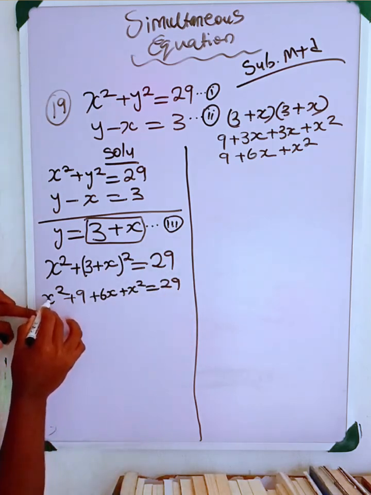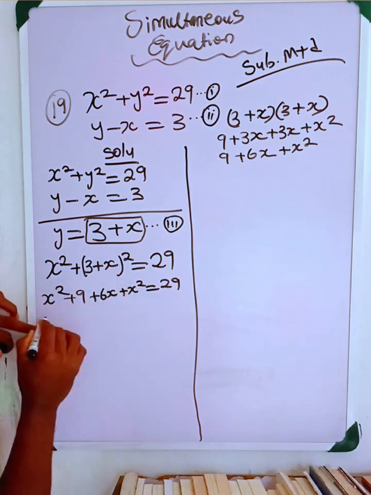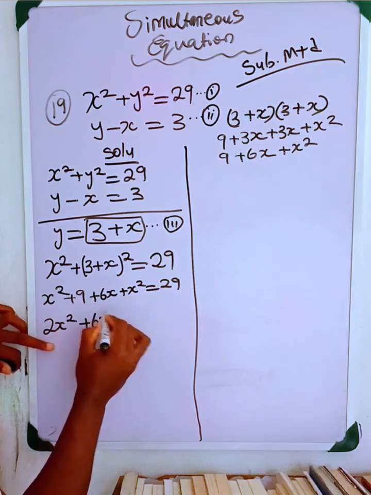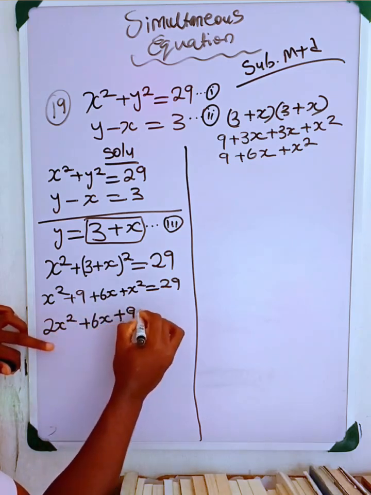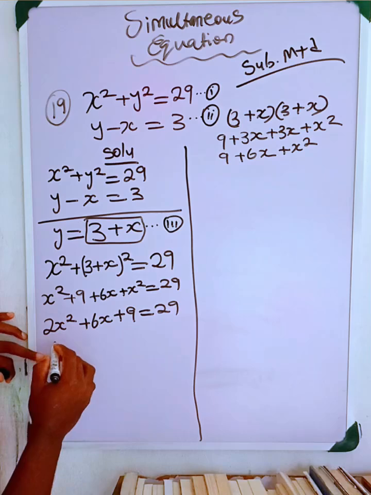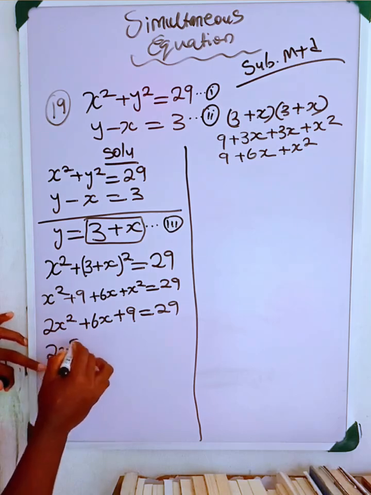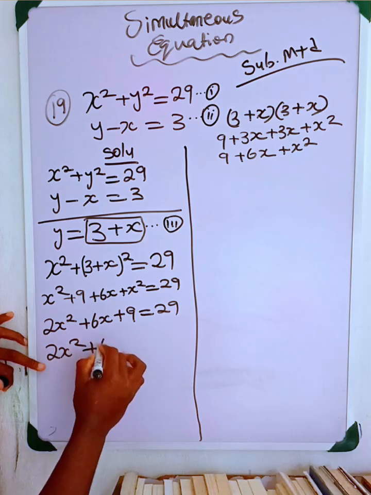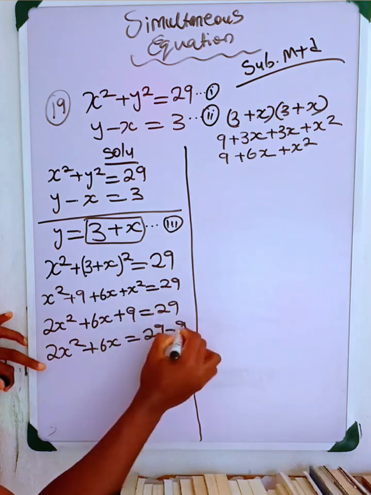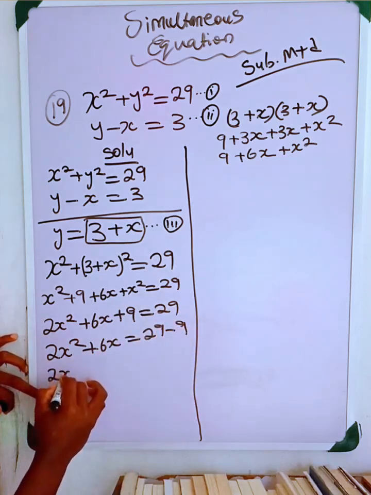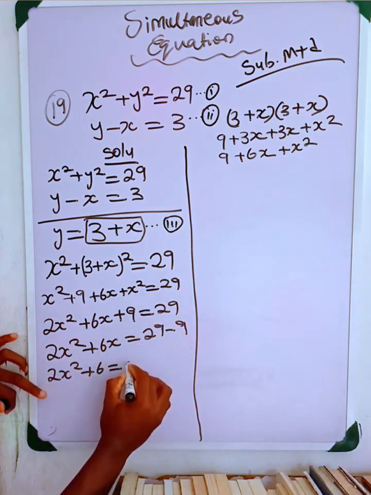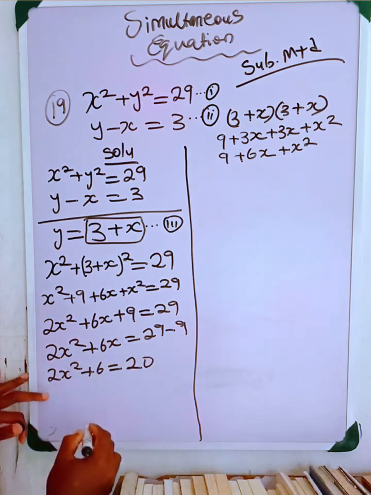We have x squared here, x squared here. So x squared plus x squared will give you 2x squared, right? Plus 6x plus 9 equals 29. We can collect like terms. We will now have 2x squared plus 6x equals 29 minus 9. 29 minus 9 gives you 20.